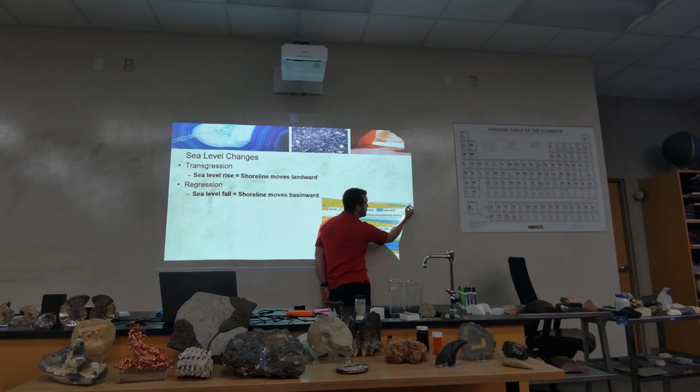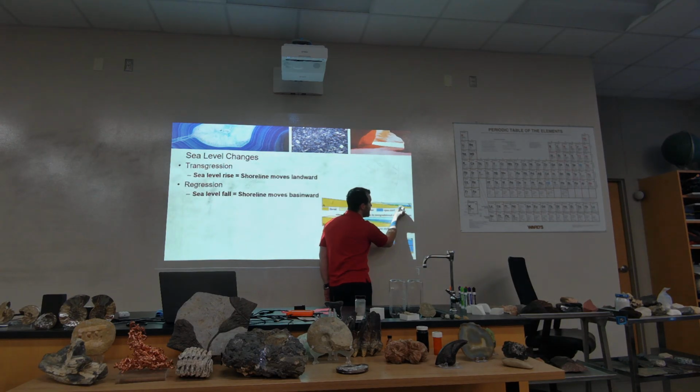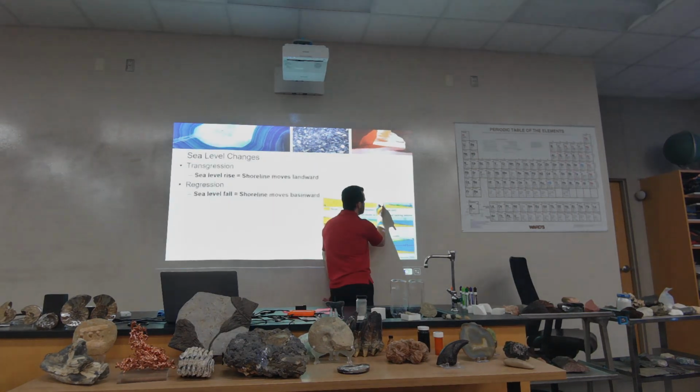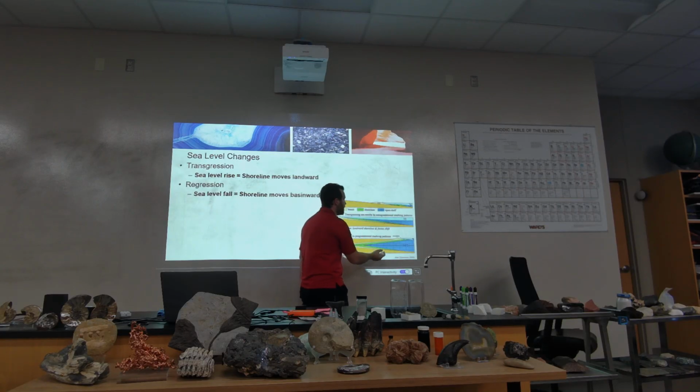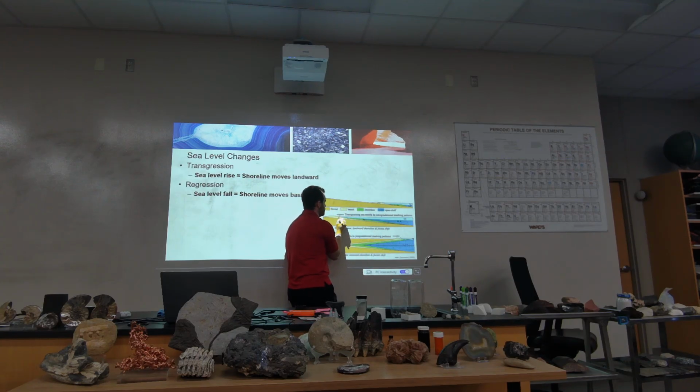Their deep water sediment is limestone, and their shallower water is shale, and that's only because in a lagoon that would be the case. Okay, this is sand. Then we've got our deep water sediment on top of our shallow water sediment, on top of our near shore sediment, the sandstone, right there.